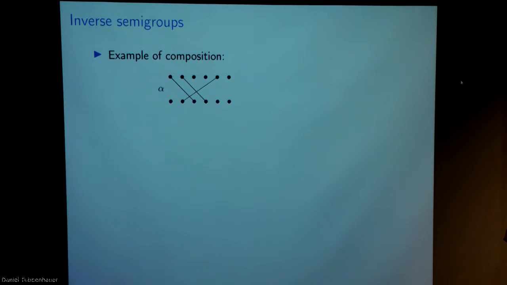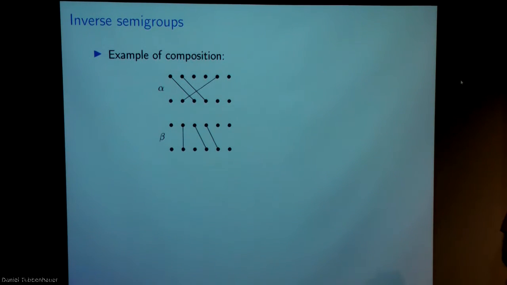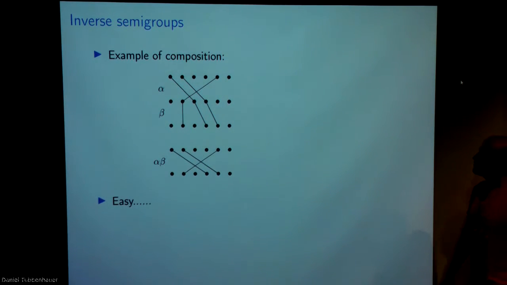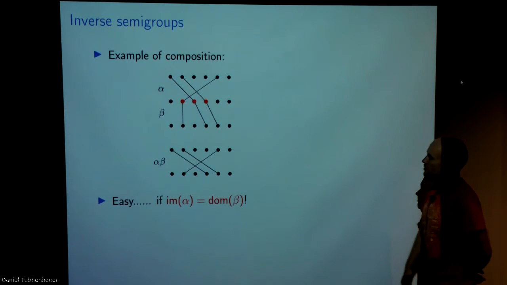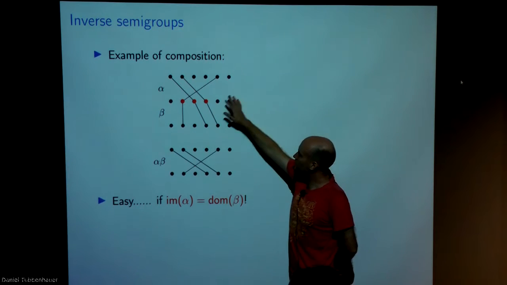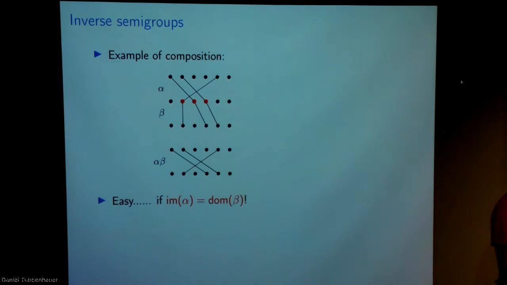All right, let's compose these. So here are two sort of randomly selected partial permutations. How do we compose them? Well, we've already been composing things. We just connect them up and follow the lines through. So that's alpha beta, and that's very easy because I didn't really randomly pick these. I picked random things, but made sure that the domains and codomains matched up.